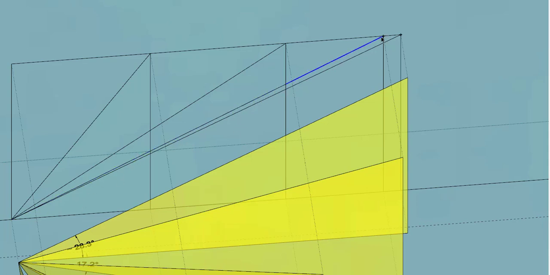Notice that the topmost edge, this point here, is represented by the front view here, and it is in a similar horizontal line with the front view of the original line here.